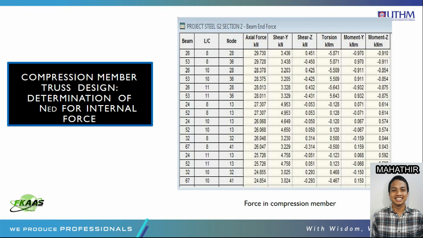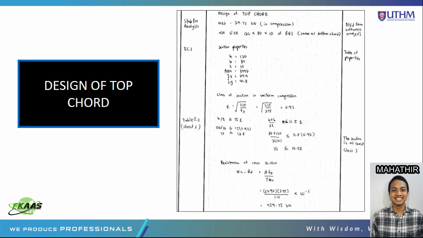Now is the explanation of design of top chord. From the Step Pro analysis, we can get the value of NED, the design value. Then we propose the size for the rectangular hollow section, same as bottom chord.